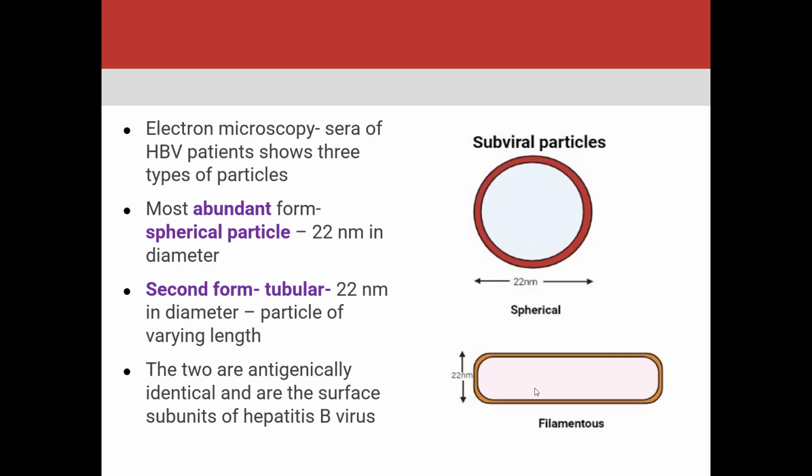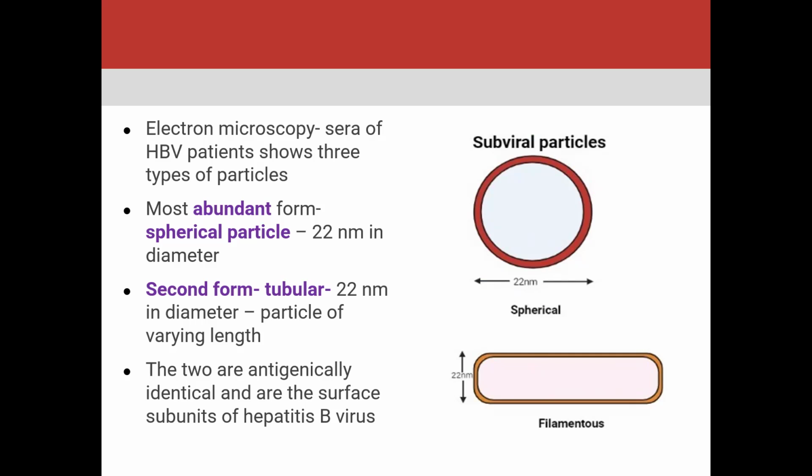The second form is the tubular or filamentous form, also 22 nanometer in diameter, with varying length. These two forms, spherical and tubular, are antigenically identical, and they are the surface subunits of the hepatitis B virus.